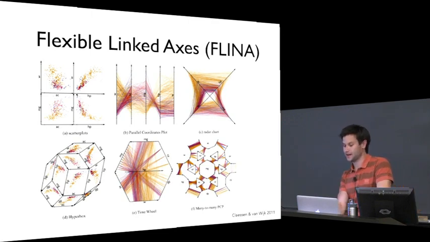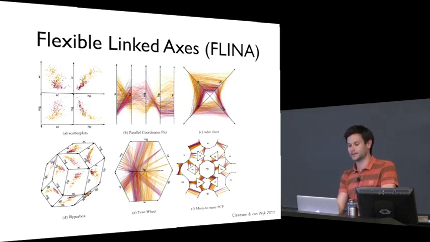And this guy, Jarke van Wijk, who is a professor from the Netherlands, and his PhD student, they proposed this flexible linked axis concept. And that's a prototype where you can really just add every dimension of your data set as an axis. And if you drag them to be parallel to each other, they will be connected by lines.